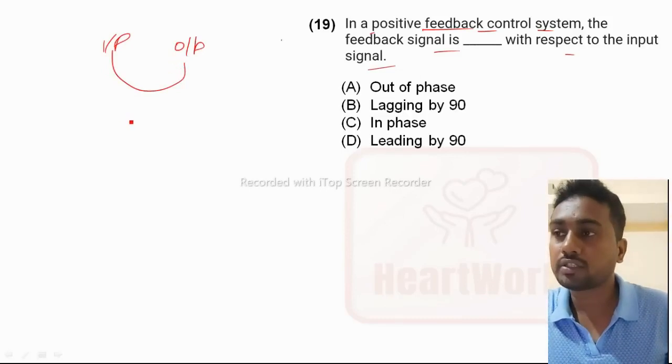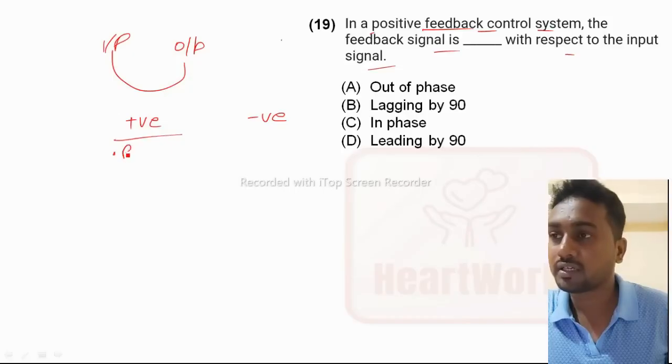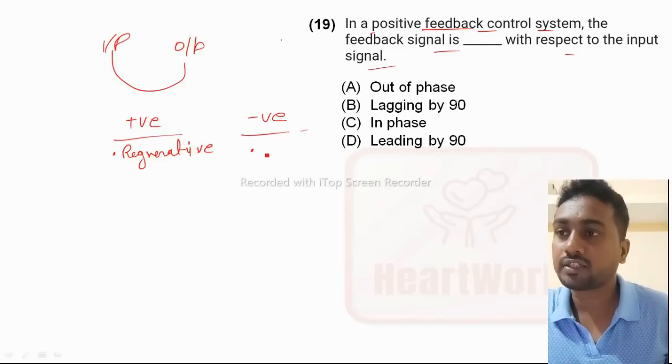There are two types of feedback system: positive feedback system and negative feedback system. Positive feedback system is regenerative, and negative feedback system is degenerative.